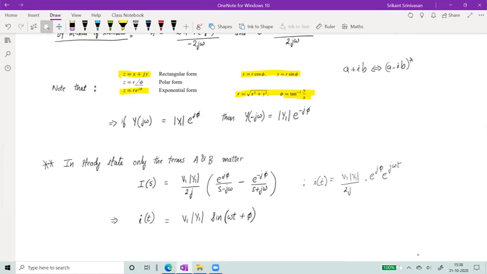Because the denominator says s minus j omega, so the numerator is plus j omega t. And similarly for the other one, it's minus e power minus j phi, and this is minus j omega t, so I'll write it as plus omega t. And similarly this I can write as j into phi plus omega t. I can take the j common outside.